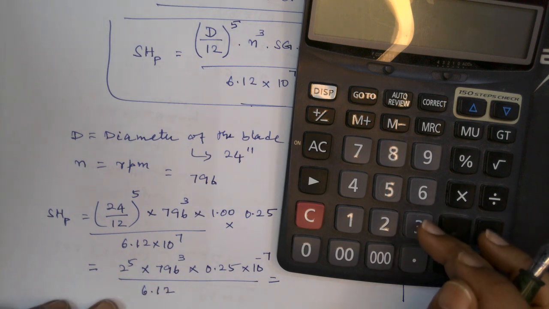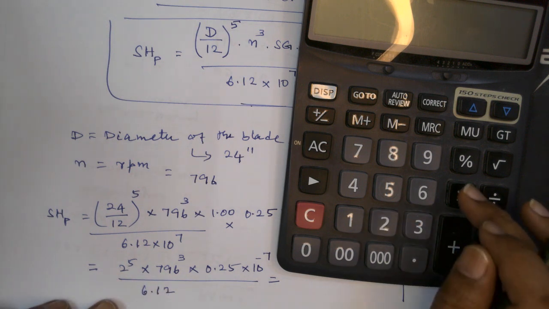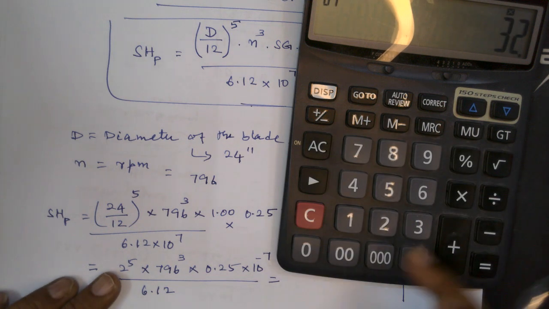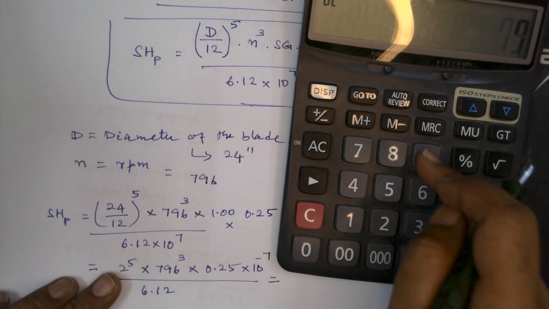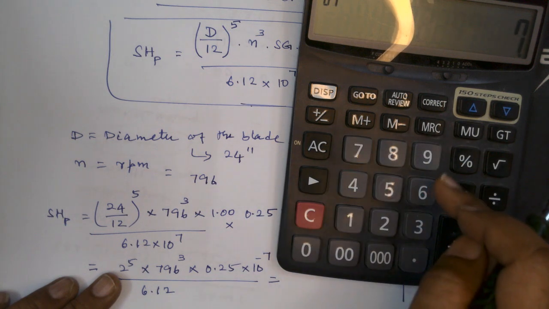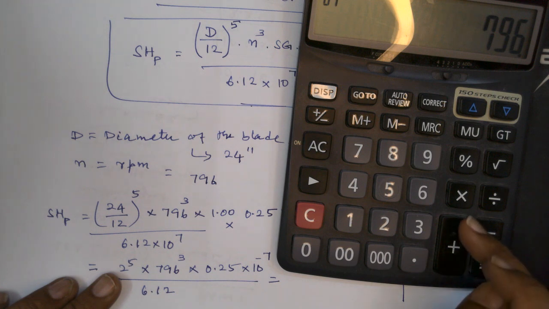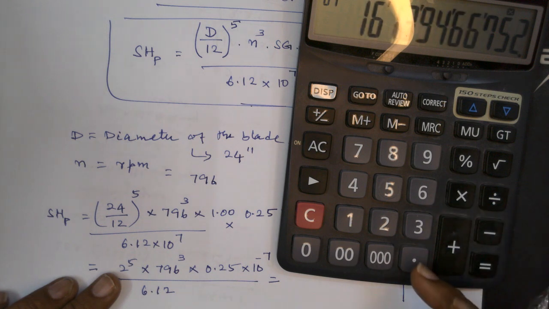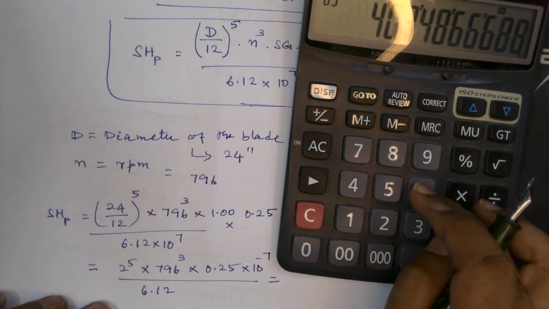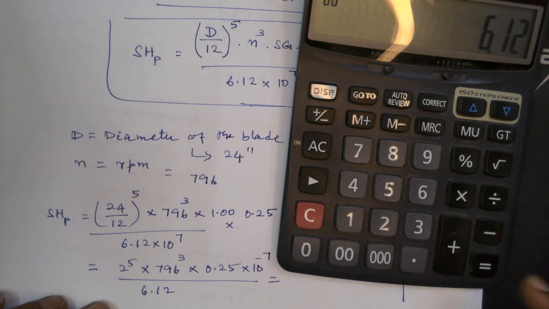So we have 32 into 796 cube, 796 into 796 into 796, and then 0.25 divided by 6.12.